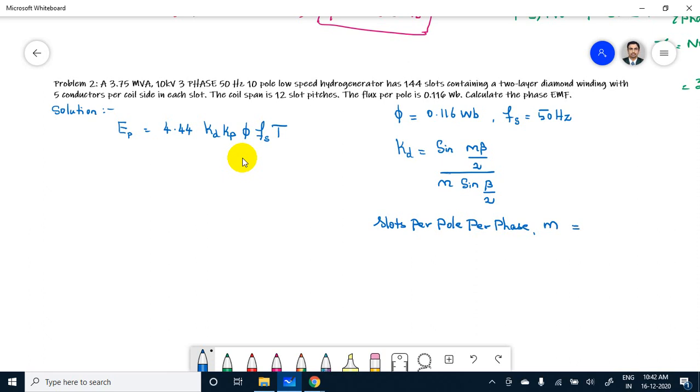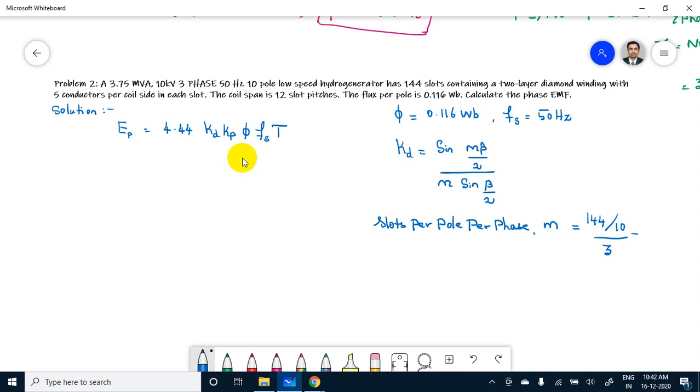M equal to, how to calculate? How many slots are there? It is 144, divided by how many poles are available? You see 10, divided by how many phases? 3.